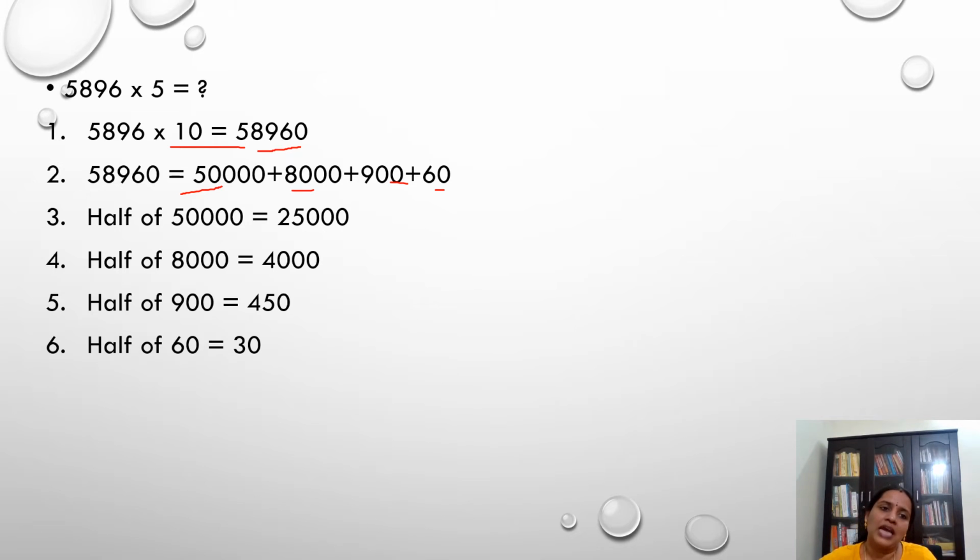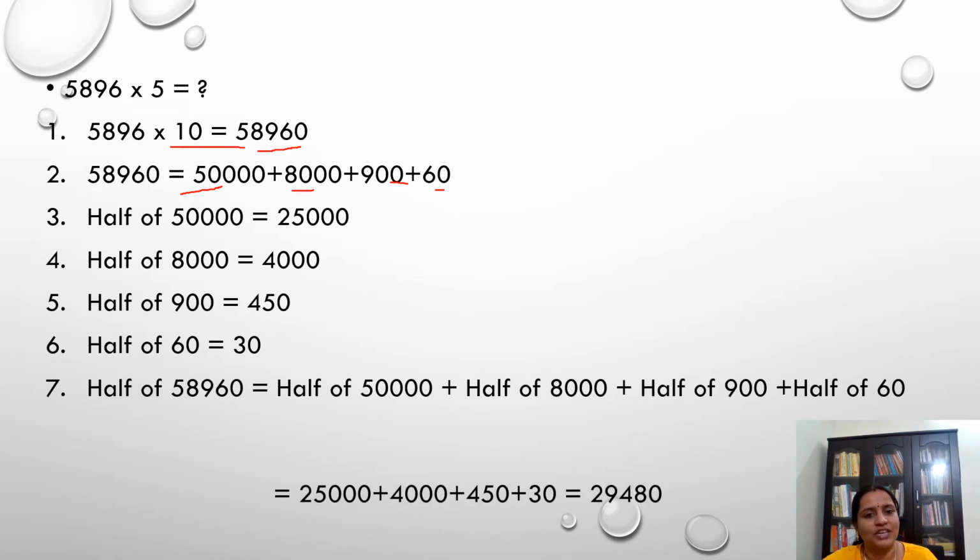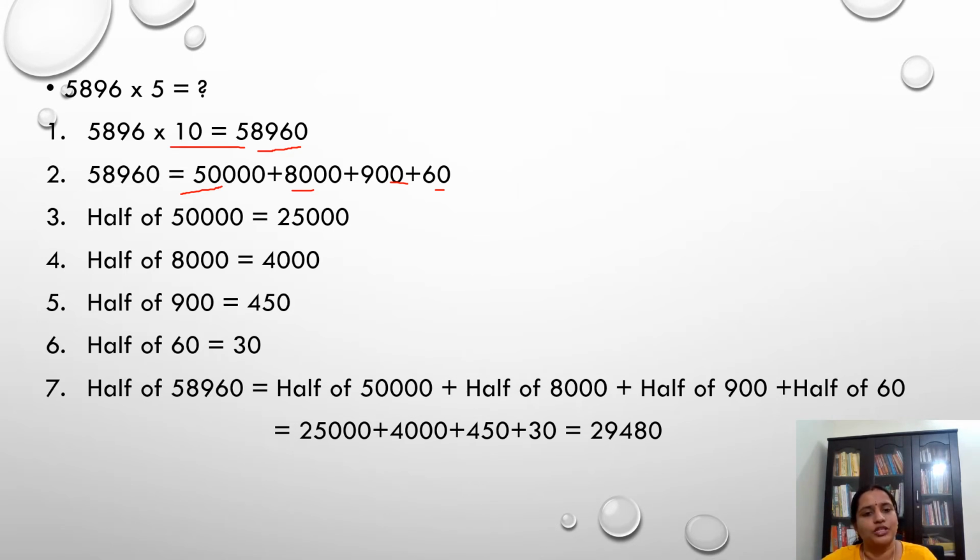Then half of 58,960 is equal to half of 50,000 plus half of 8,000 plus half of 900 plus half of 60, which is equal to 25,000 plus 4,000 plus 450 plus 30, which is equal to 29,480. Is it clear for everyone?